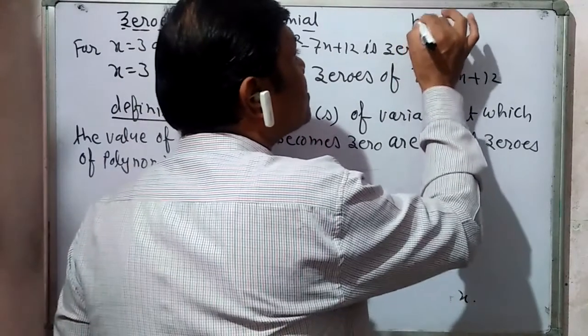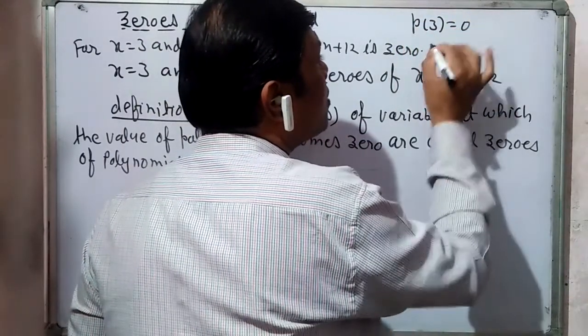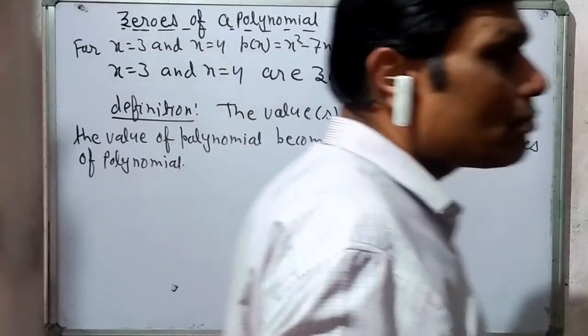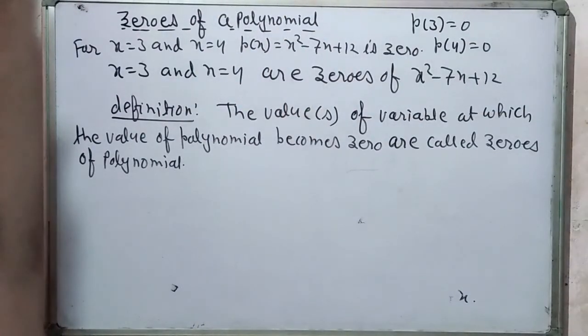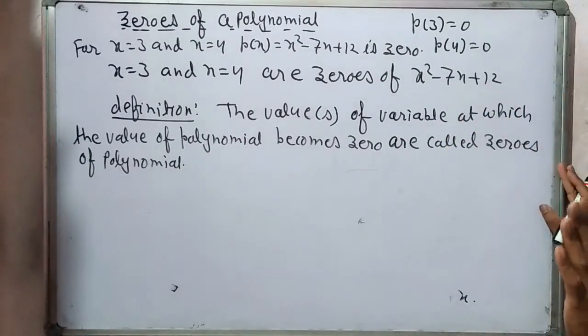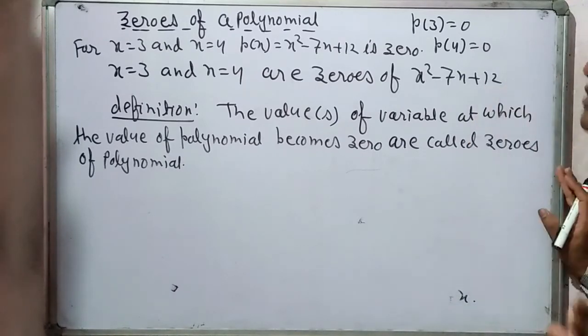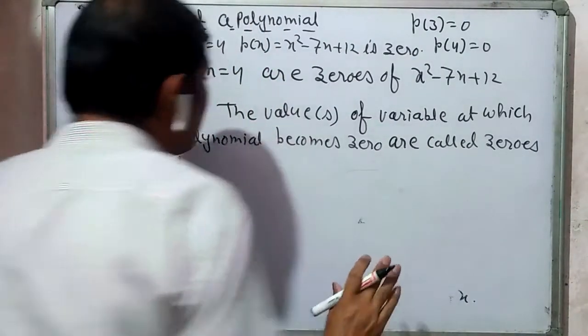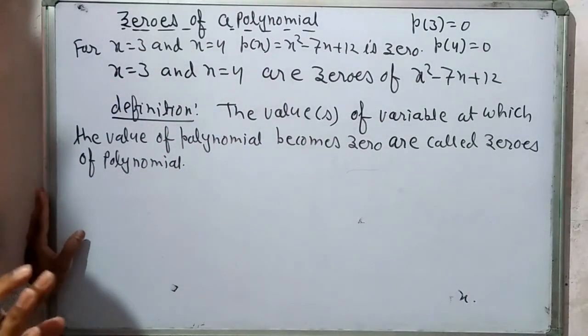What we were getting is p(3) was 0 and p(4) was 0. If the value of the polynomial becomes 0 at any specified value of the variable, then that value of the variable will be called a 0 of the polynomial.